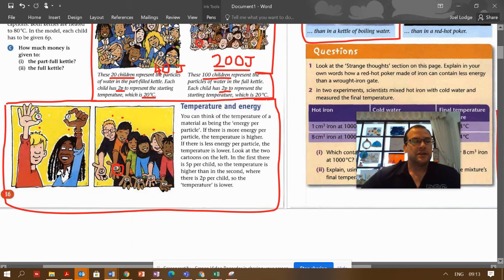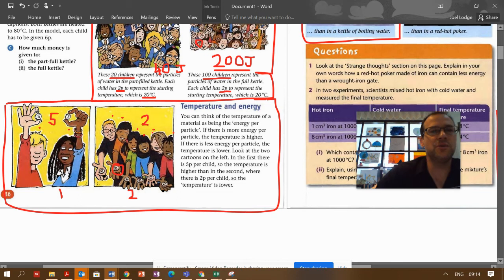Okay. So which of those, 1 or 2, has the highest temperature? You're correct. Picture number 1 has the higher temperature because they have 5 bits of energy per particle. Picture 2 only has 2 bits of energy per particle.